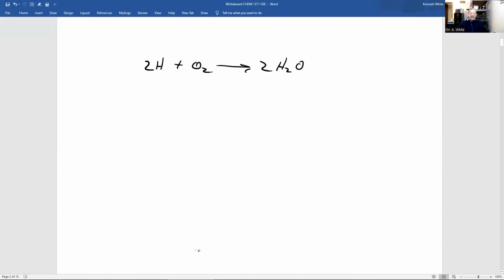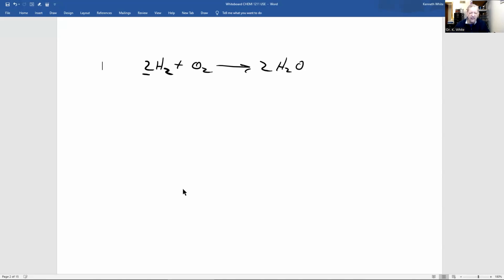And here we have a chemical equation. And what do we have? Oops, a mistake. Now it's correct. Two hydrogens react with one oxygen to make two water molecules.